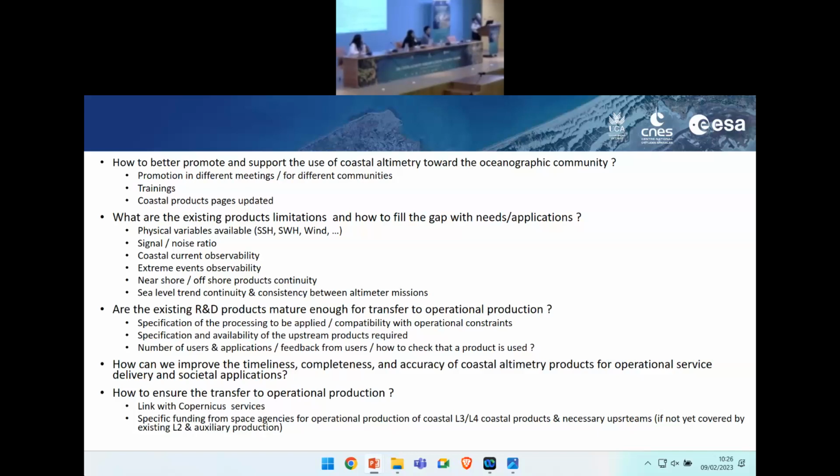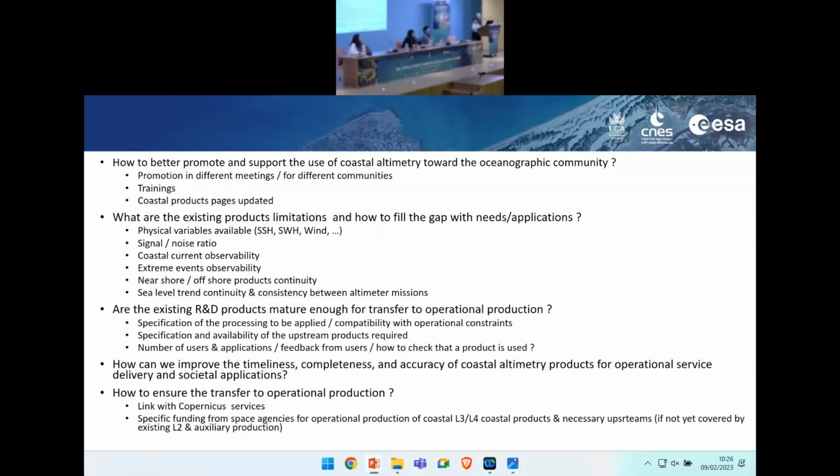So what are the criteria that tell us that a product is mature enough to ask for an operational production of this product? Is it necessary for all the products or not? What can we ask of the different space agencies as users if we want a product?